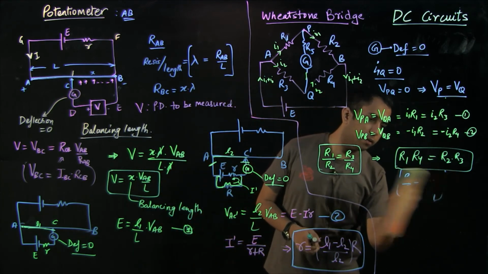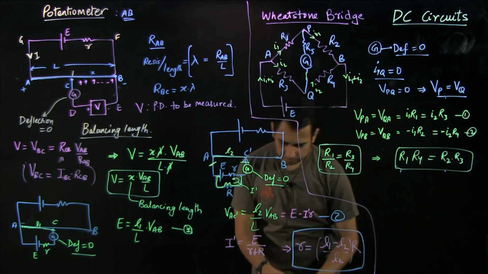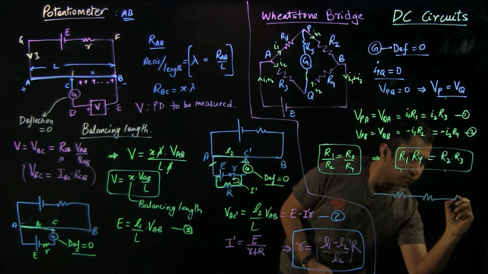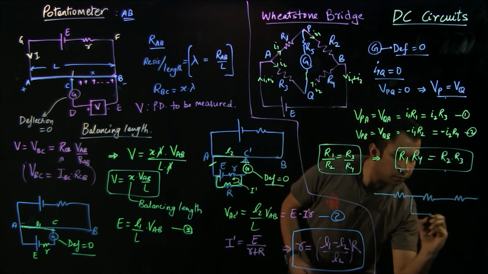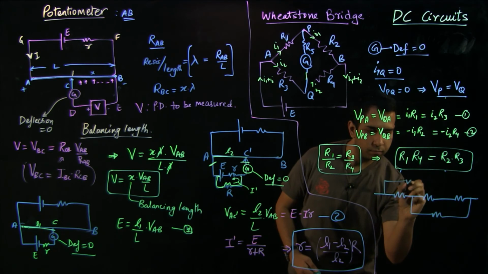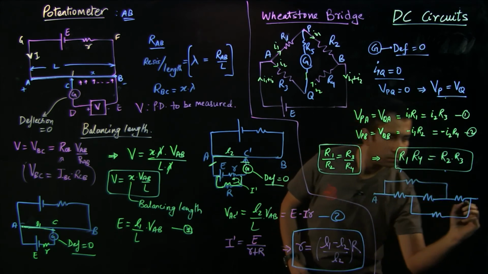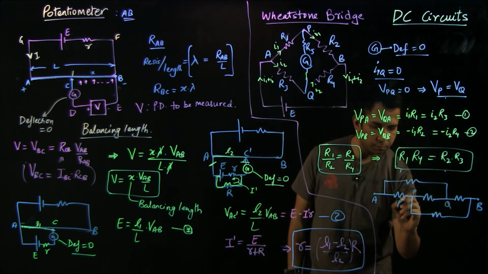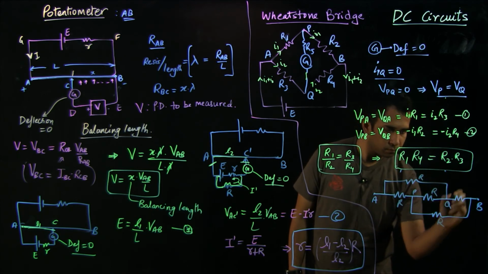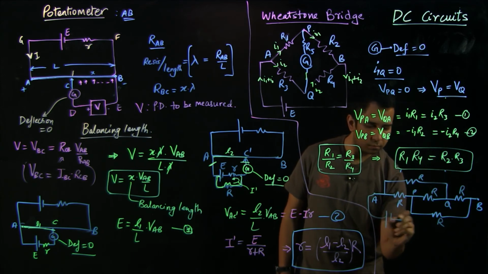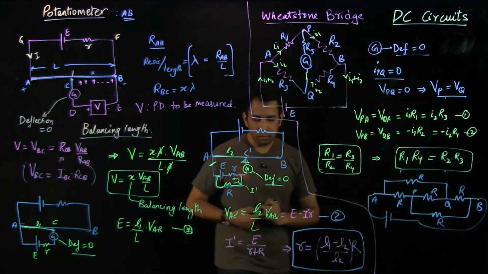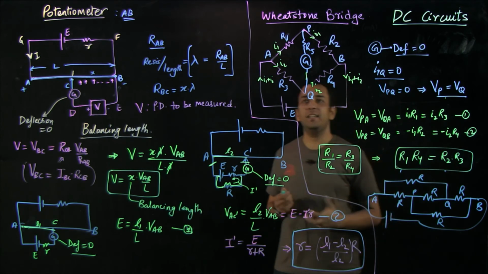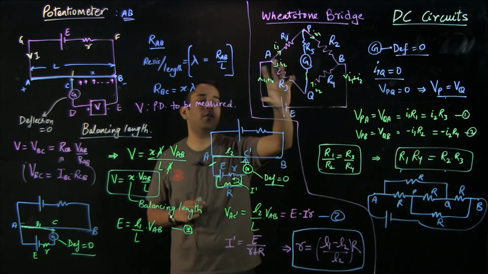So we are given that... It's not very easy to see, but a Wheatstone bridge does not necessarily have to be shown in the special configuration of a square or a rhombus.